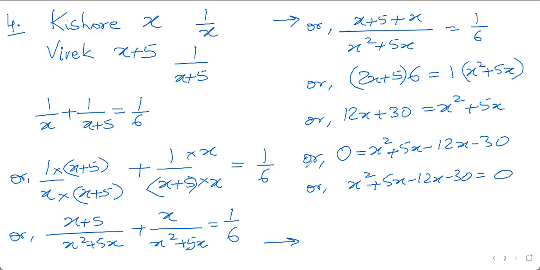Usually when I write the answer, I will skip this step. Then x square minus 7x minus 30 equals 0. Now we have a quadratic equation. We have transformed the given question into a quadratic equation in general form.